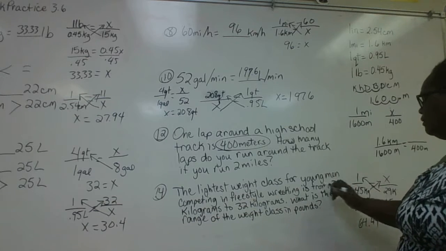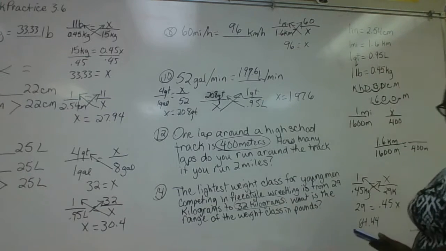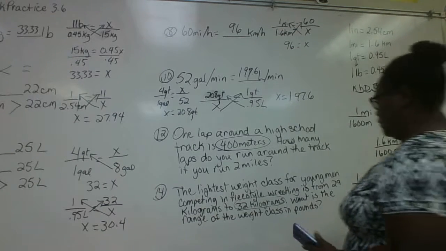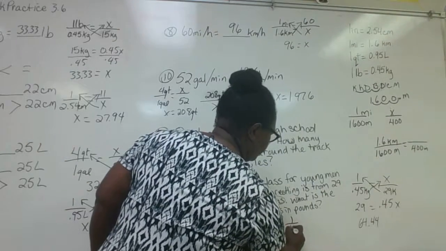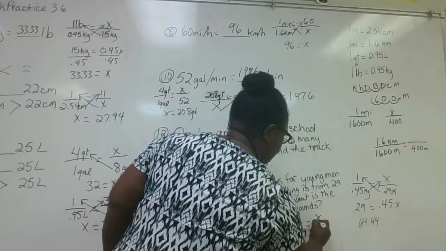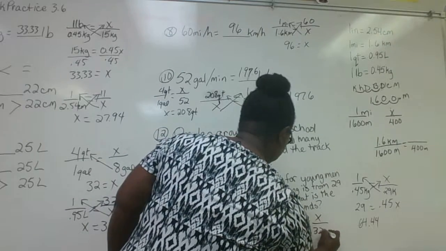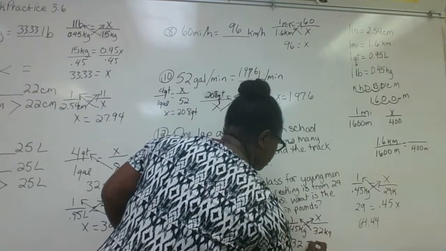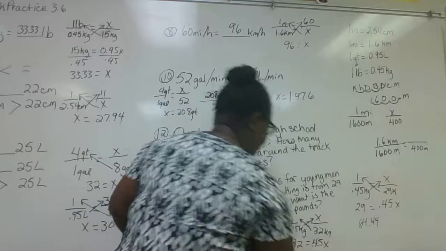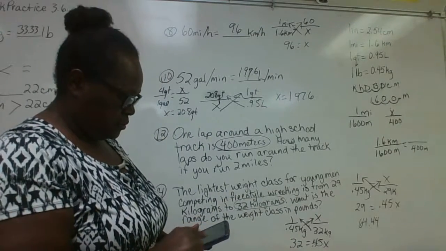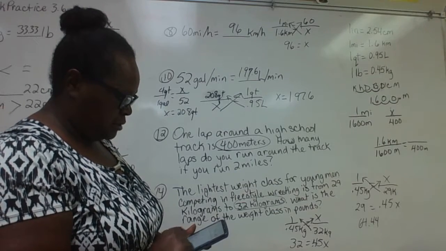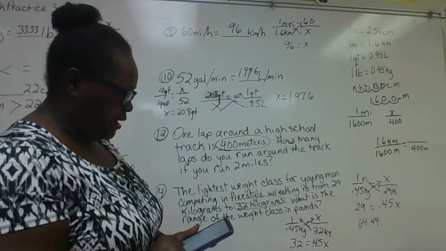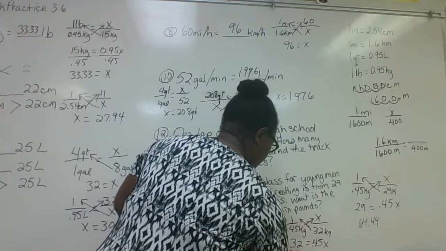Then we do it again for 32, okay? So then let's do it over here so you can see it. 1 pound is 0.45 kilograms, equal to x over, in this case, 32 kilograms, and we cross multiply, and we have 32 is equal to 0.45x, and we discover that 32 divided by 0.45 gives us 71.